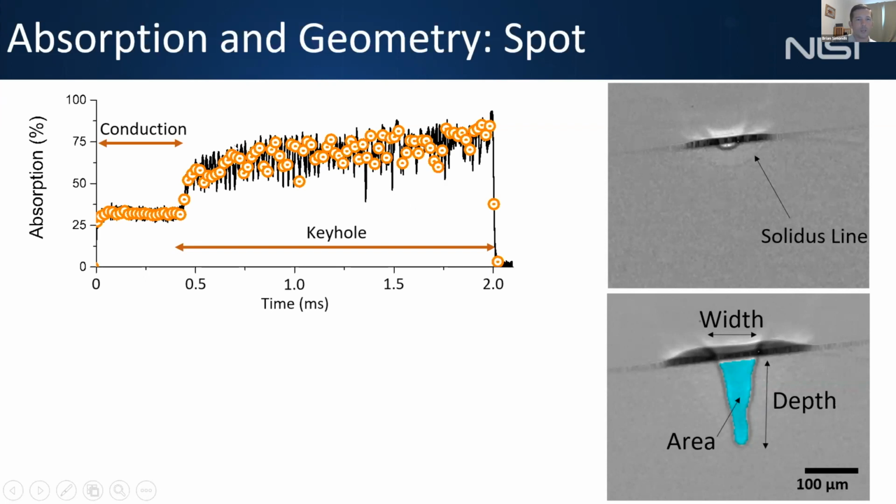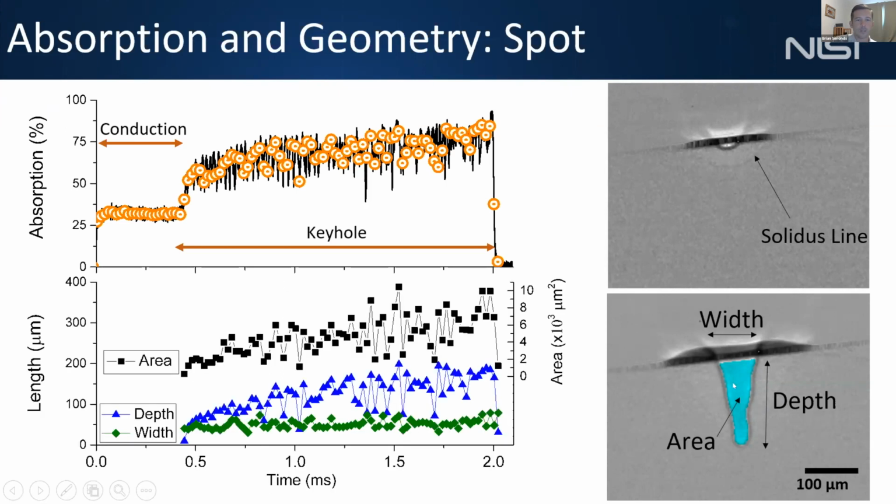In the same way, we can grab a frame in this other region where the absorption has more than doubled and see that this nice keyhole is developed in the bottom right. We can do some image analysis on these keyholes and pull out some geometrical parameters, basic things like width, area, and depth, and overlay those with the absorption data.